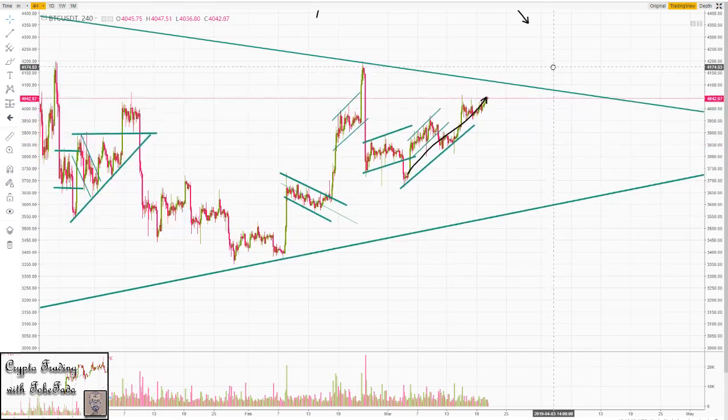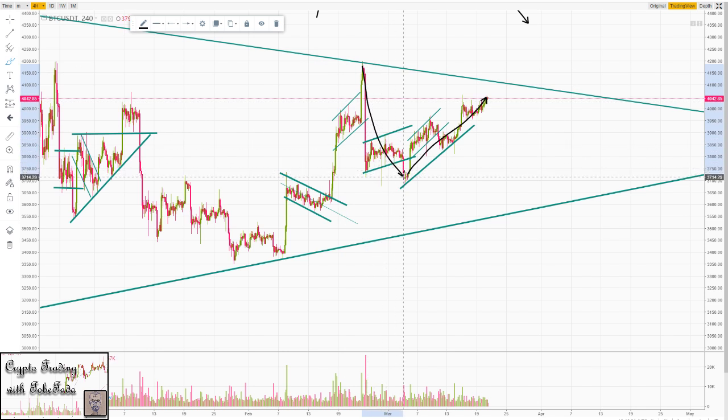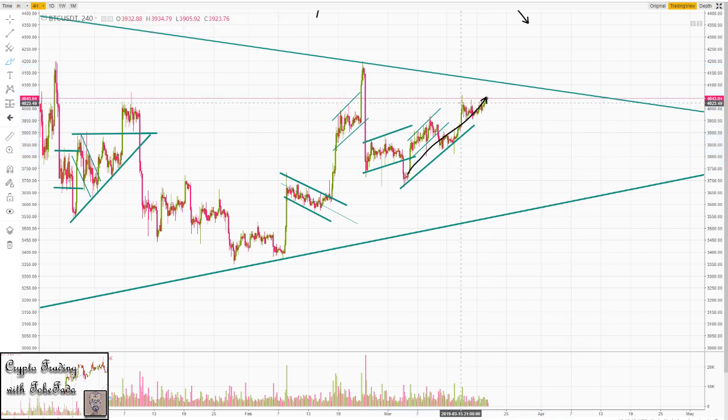So here, since this peak happened, we had the A correction, which went down to here, and now this B movement going up here, and then most likely the C movement going back down here.